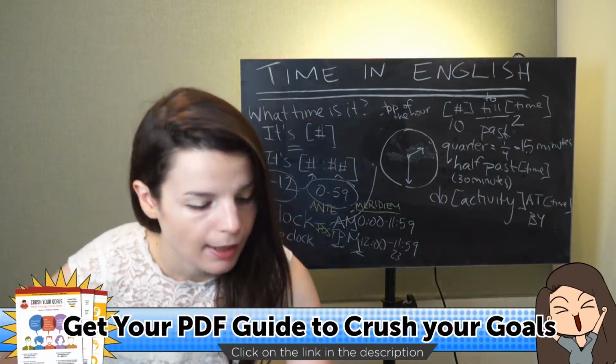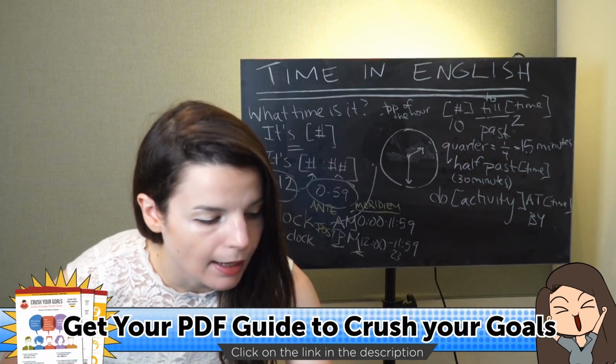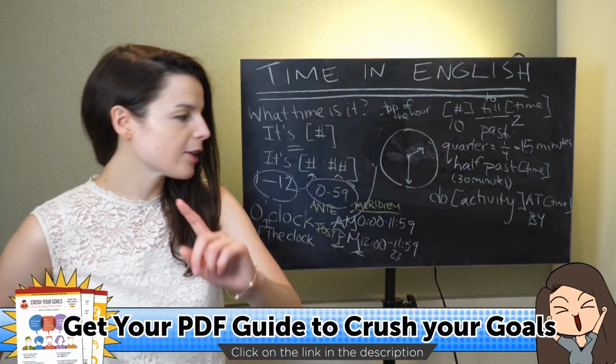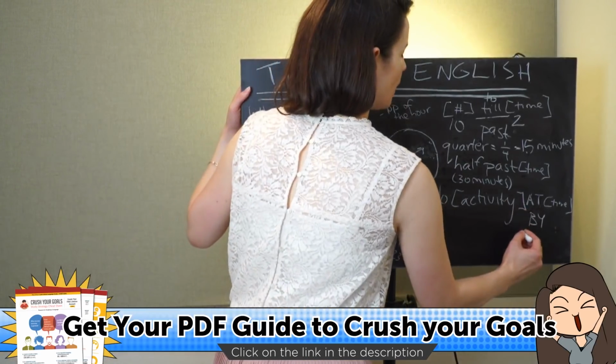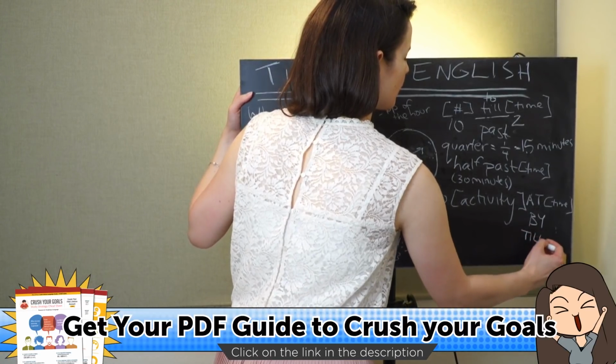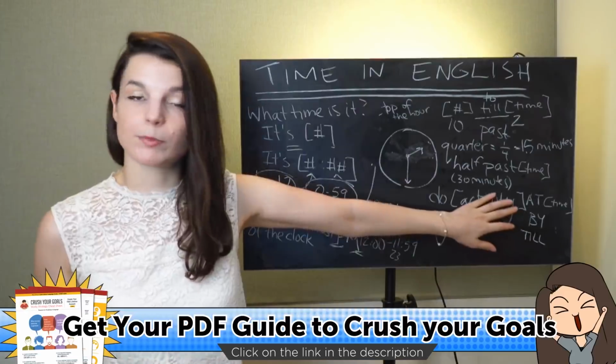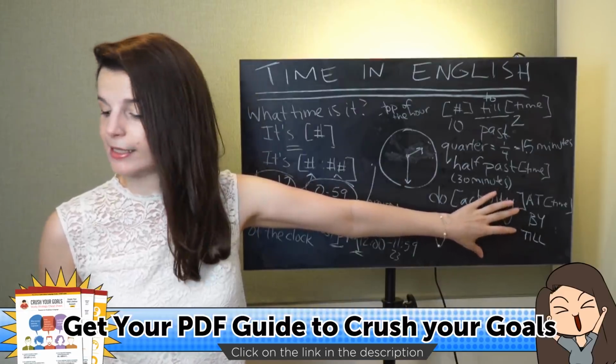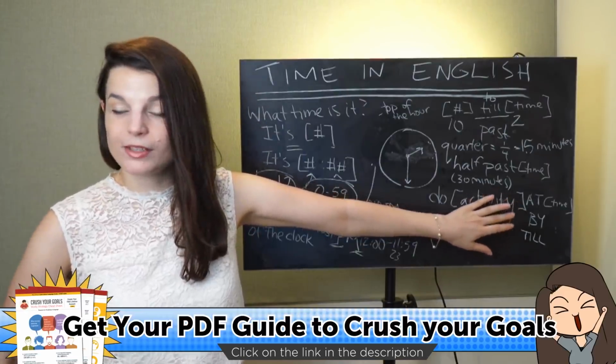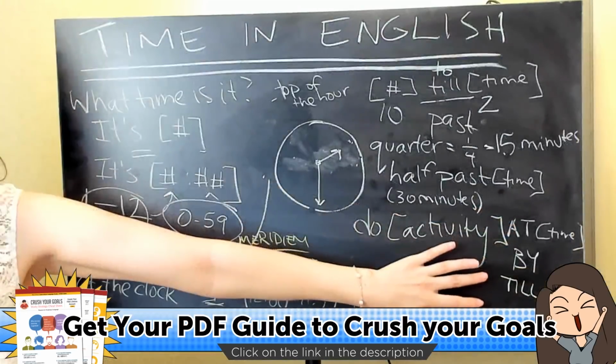All right. Another one that people confuse, though. Actually, I've used till here, but you can use until. I made a video about the difference between by and until. These two words are very commonly confused.